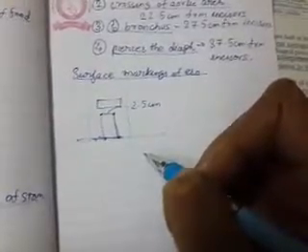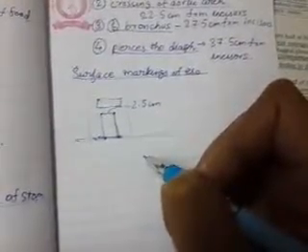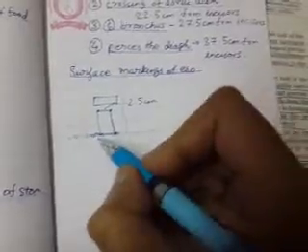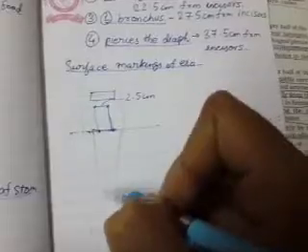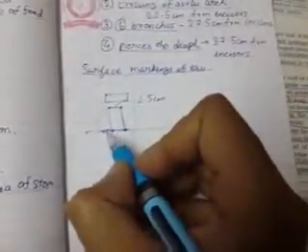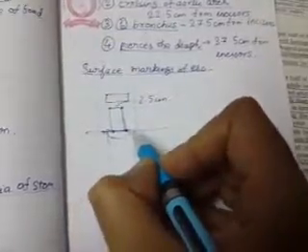Next, 2 points 2.5 centimeter apart at the sternal angle across the median plane. This is the root of the neck, and here is the sternal angle.